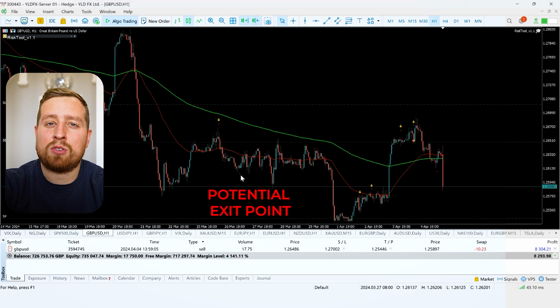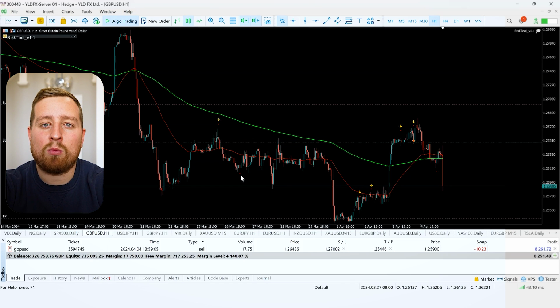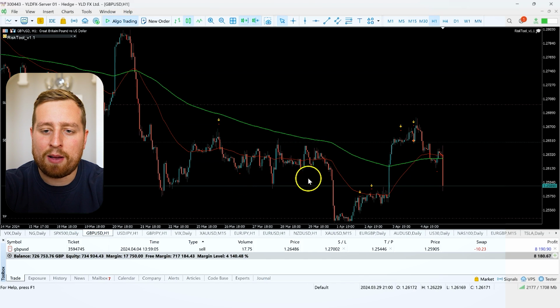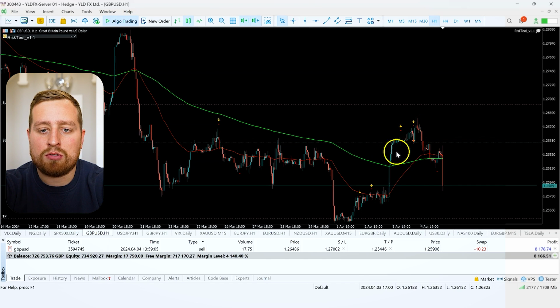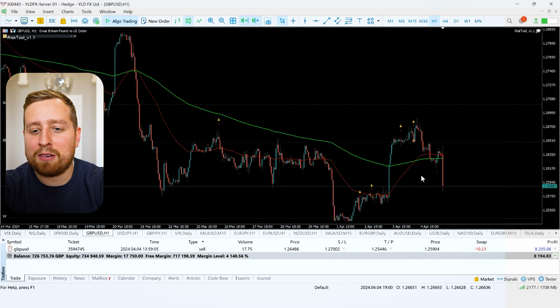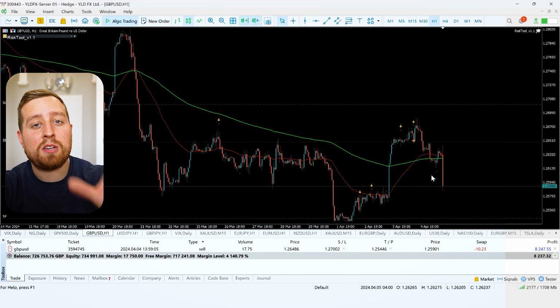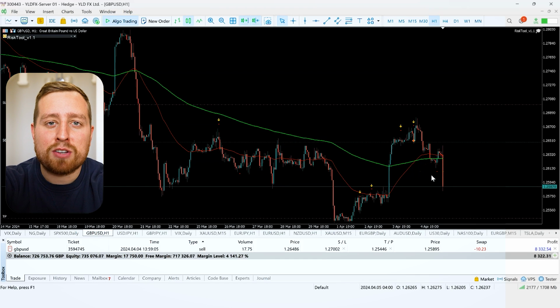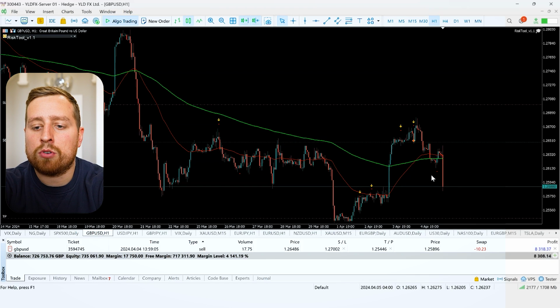But this is all down to your trader's discretion. You may want to hold the trade, you may want to exit. It basically says be cautious, the market is starting to slow down. So you can see here we had 2 entries here, and it says be cautious, the market is starting to slow down. Obviously, I'm fully aware that non-farm payroll results were coming out, and I was like, little do you know, from a fundamental perspective, we're about to see some large volatility, and decided to hold on to that trade.